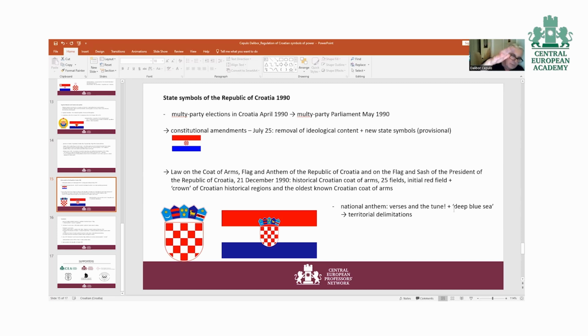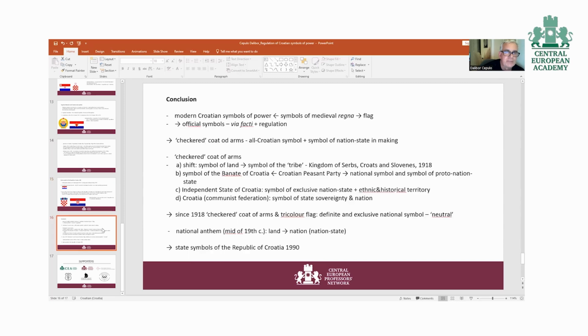So these were the symbolic postures of, let's call it, the transfer of the symbols of the land into the symbols of the nation.